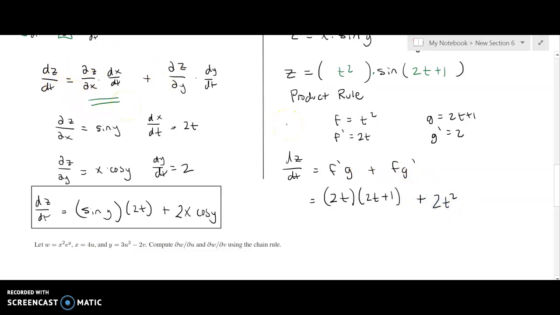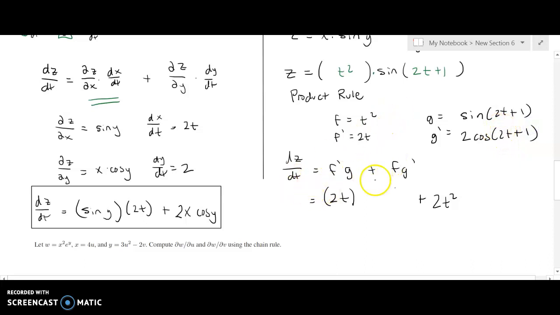And it is actually now evident that we have forgotten to write sine of 2t plus 1 over here. So let's retract our statement and rewrite g as sine of 2t plus 1, and the derivative of that is going to be 2 cosine of 2t plus 1.